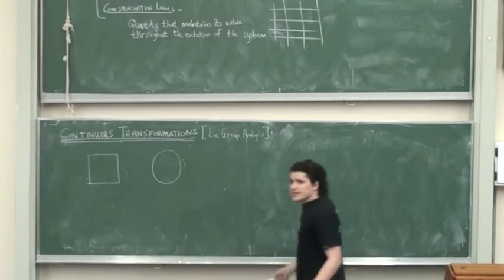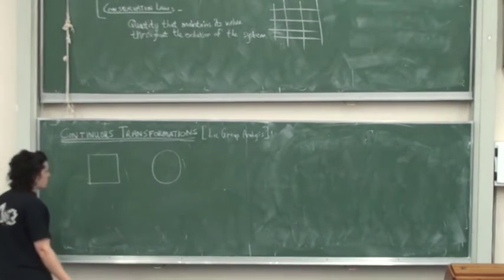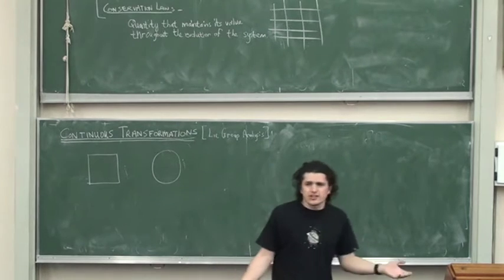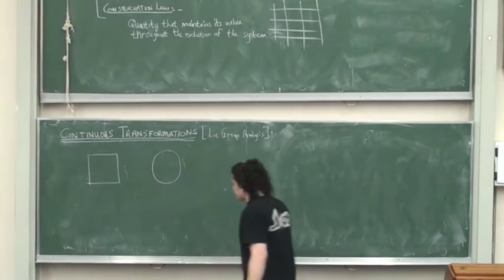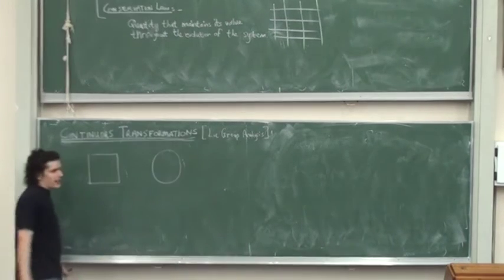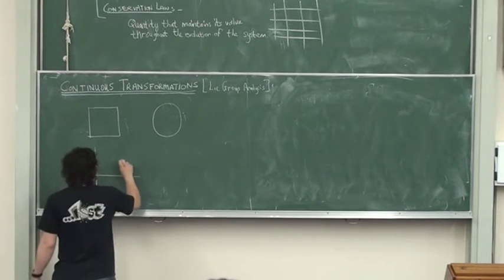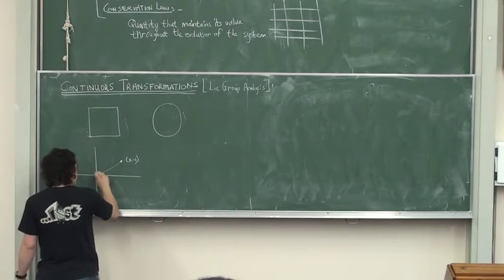So let's use rotation as an example to discover exactly what I mean by continuous symmetry and continuous transformations. Let's consider what happens when I rotate the point x, y in the plane by some infinitesimally small angle epsilon.